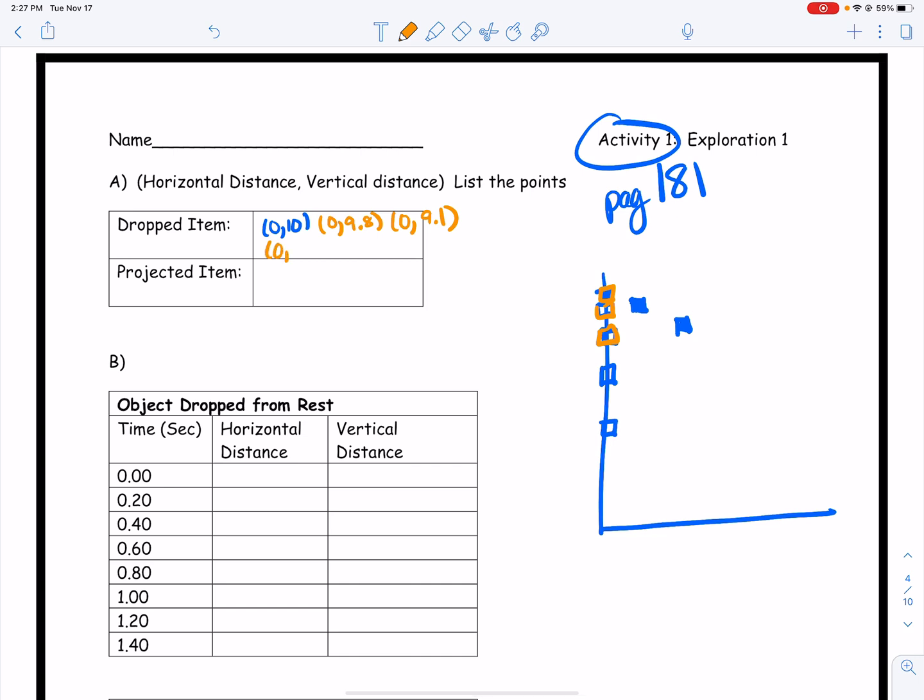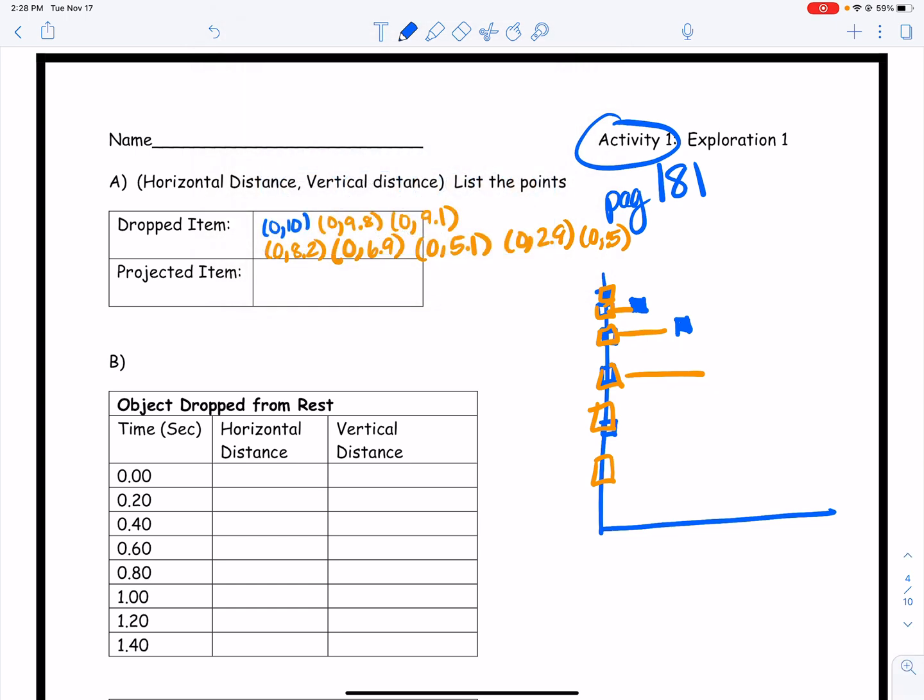So I'd have (0, 8.2), and then (0, 6.9), and then (0, 5.1), and (0, 2.9), and the last one would be at (0, 0.5). Okay, and so that's all these squares going down the side. So now I'm going to do the closed ones, and if you look, these are at the same levels as I go down.